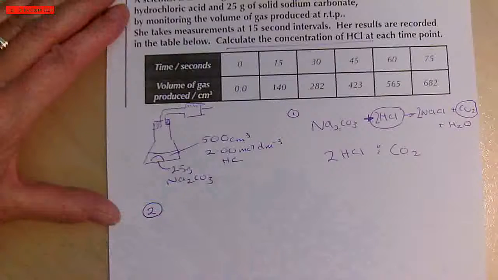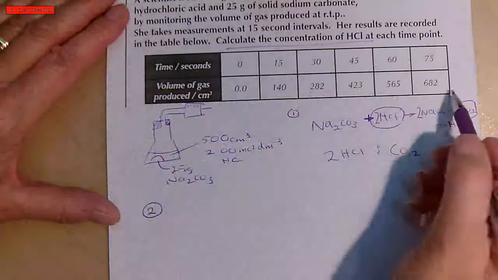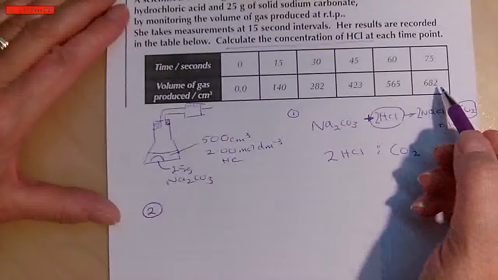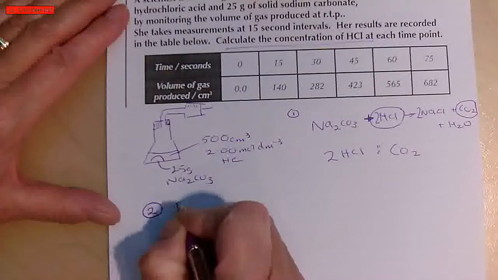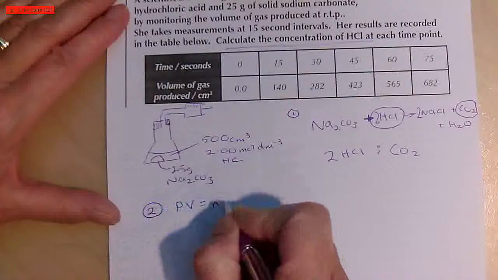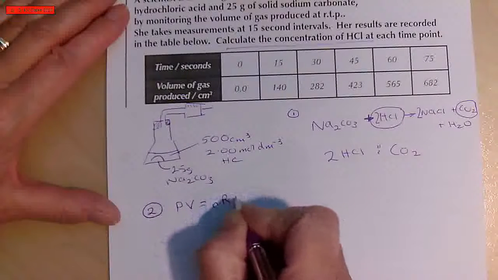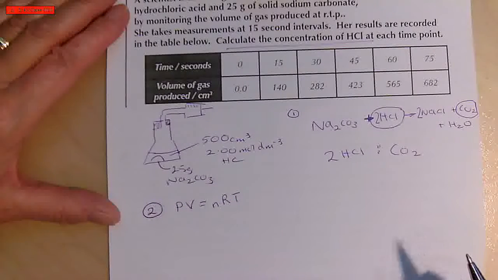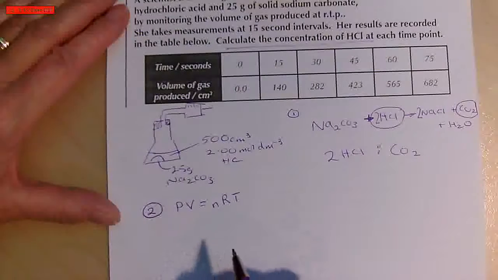Okay, so first thing I needed to do was the equation. The second thing I need to do now is calculate the number of moles of carbon dioxide that I have produced. Now I've got the volume here, so I'm going to have to use the gas equation, PV equals nRT.